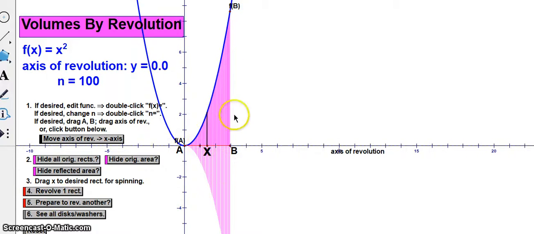Now that might look more two-dimensional, but let's see what happens when you revolve one of those around. You see how you get that circle, that little disc. If we bring it out to here, it's a little bit bigger. Bring it in closer, it's smaller.